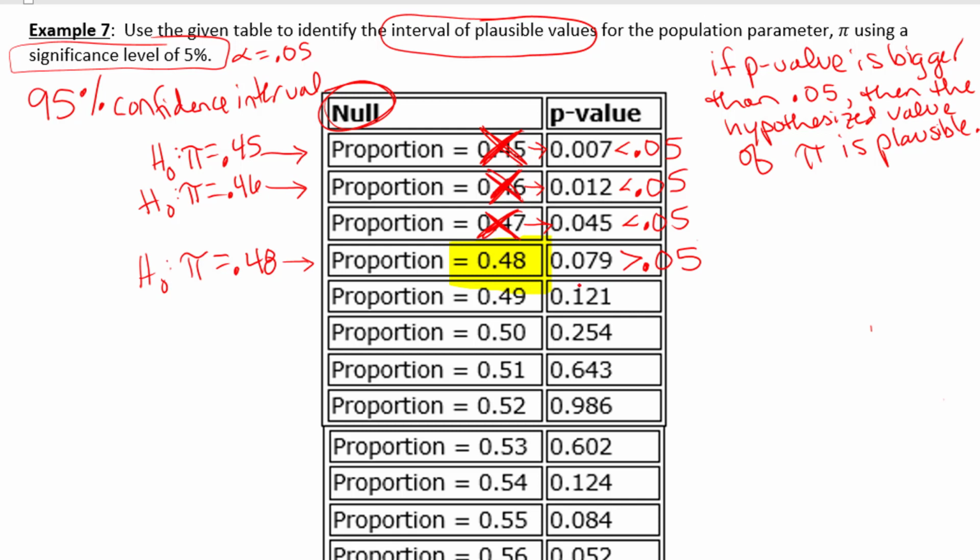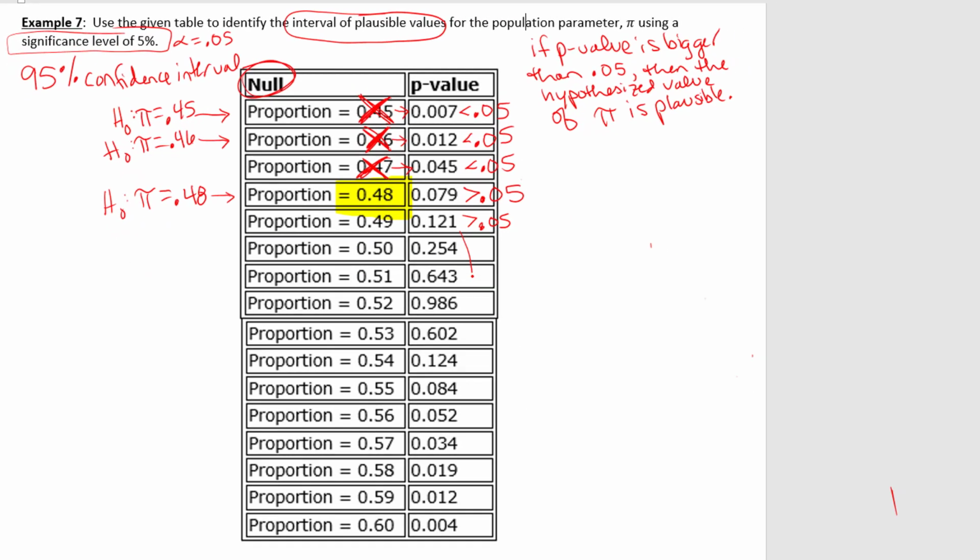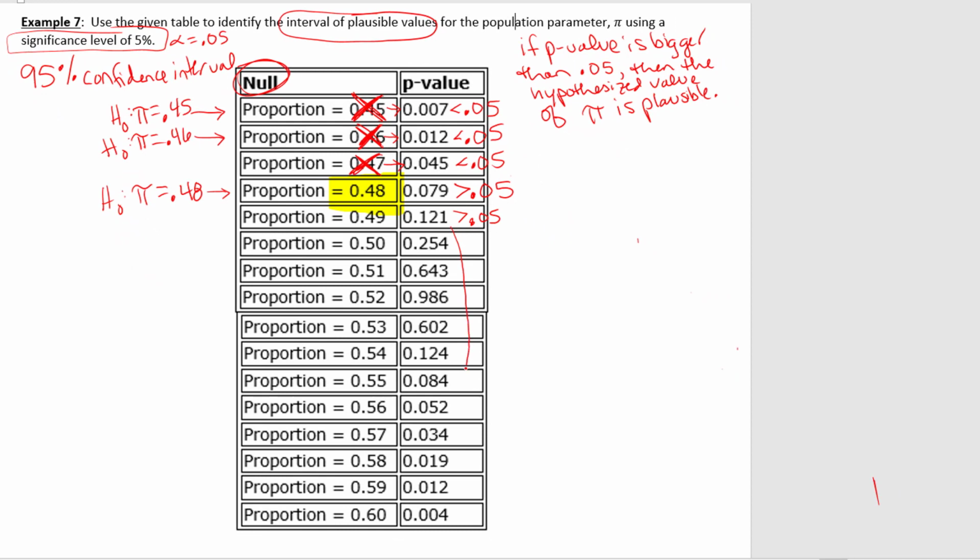Then we repeat. If you hypothesize 0.49, the p-value is 0.121. Again, greater than 0.05. In fact, all of these p-values for a long stretch are all bigger than 0.05.